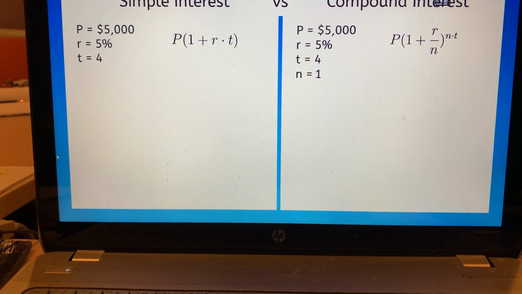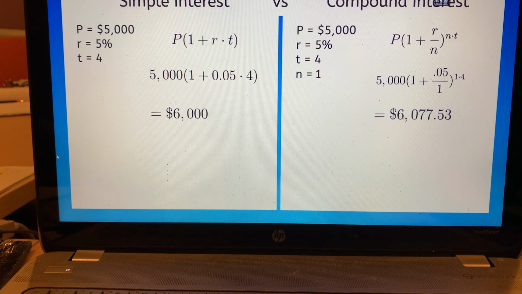With these terms, the simple interest loan will reach a total of $6,000 after 4 years, meaning it accrued $1,000 in interest. The compound interest, though, will come out to $77 more, and that's just with it compounding once a year. Those student loans actually compound daily.